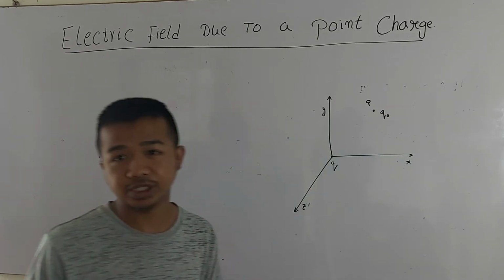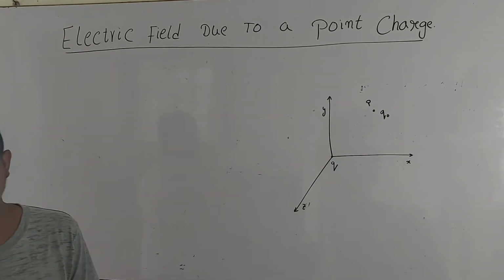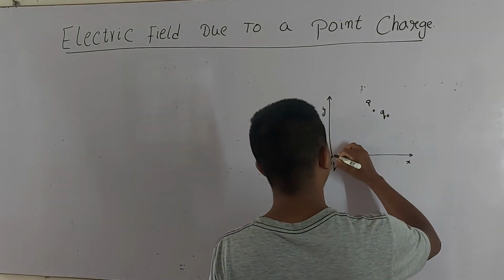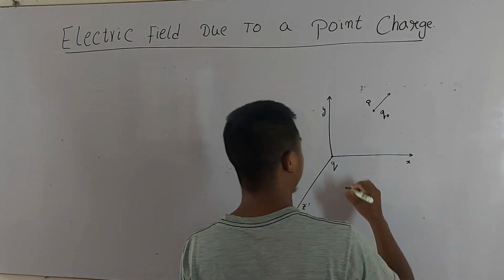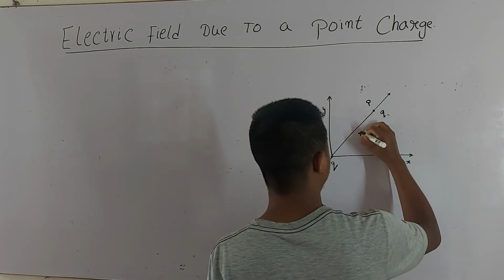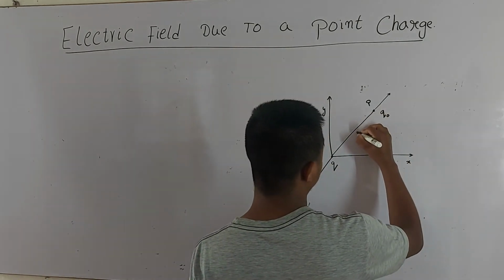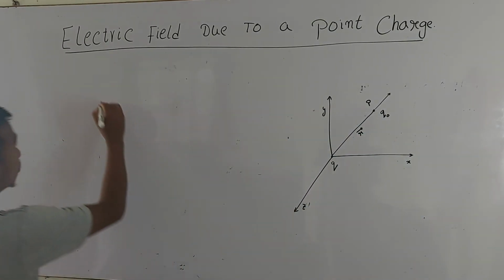Here, we will consider that the force between Q and Q0 is a repulsive force. So the direction of the force is in this direction. From here to here, the distance is r, and the position vector we can note as r vector, like this.